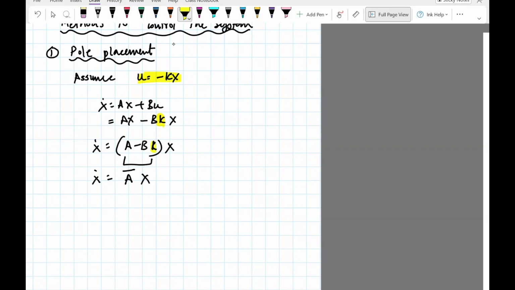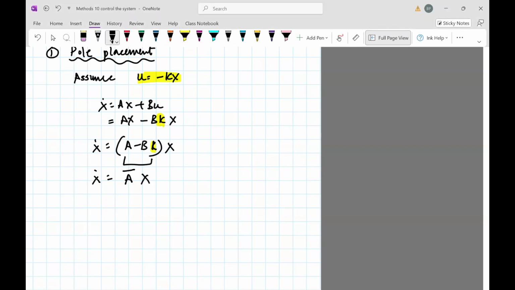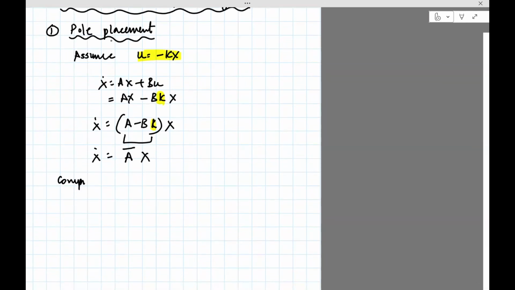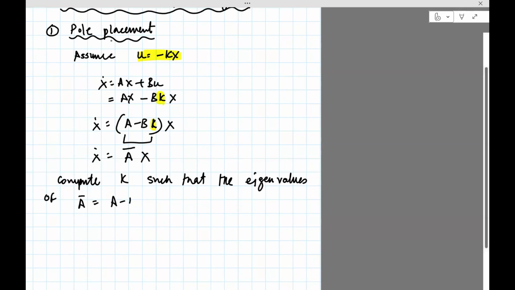So if we want to make the system stable, what we do is compute K such that the eigenvalues of A bar, which is A minus BK, have negative real part.